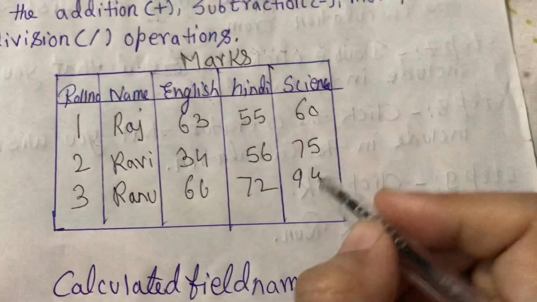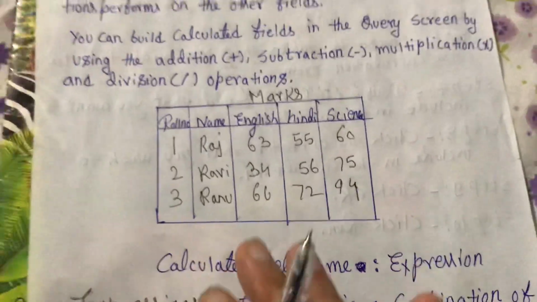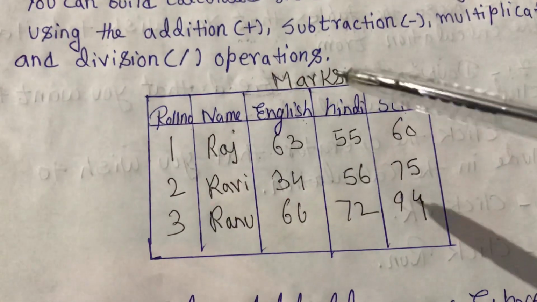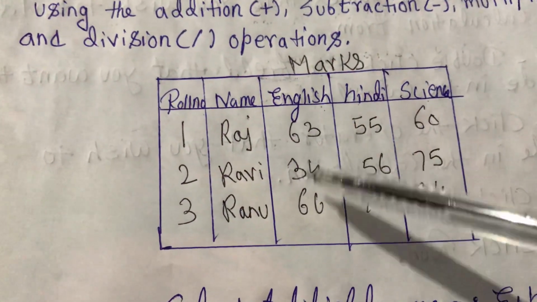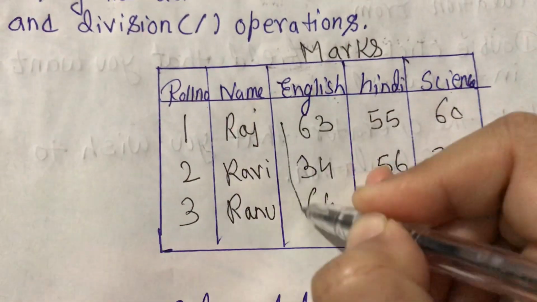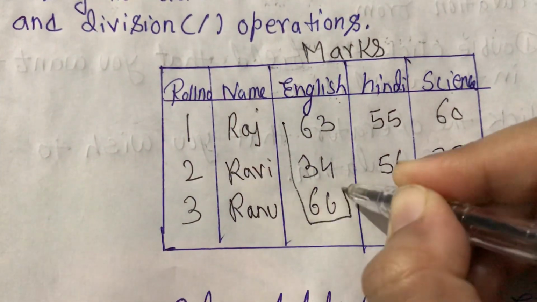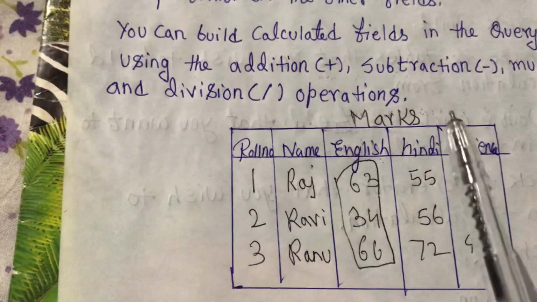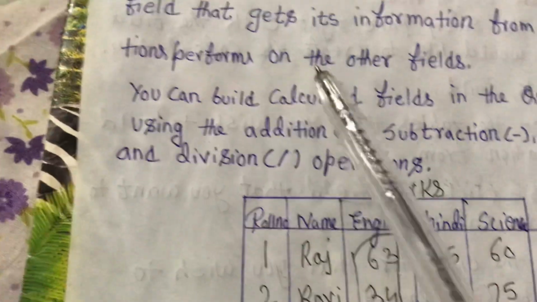Now you want to see the calculations of all the marks of a student, how many marks they got in total. Then you will see it with the help of a calculated field.